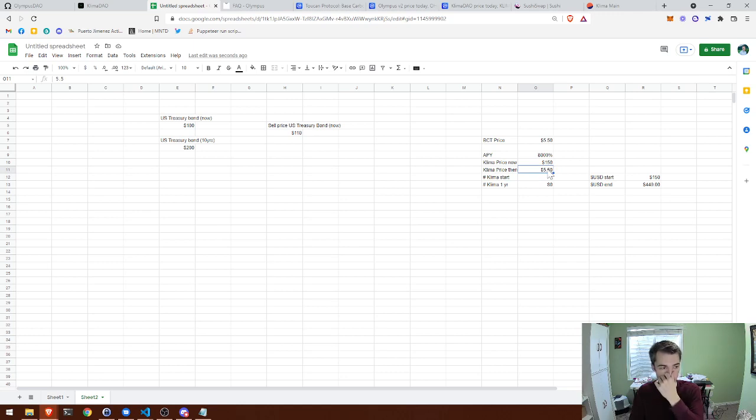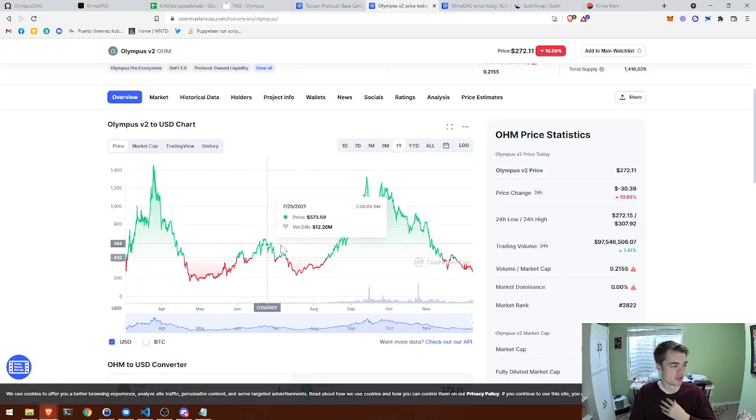In my opinion, in a year, we will still see KLIMA above $30. That's just my personal opinion. That's speculation. But looking at the Olympus chart, the fact that it is still higher or about the same as its launch price so much later.